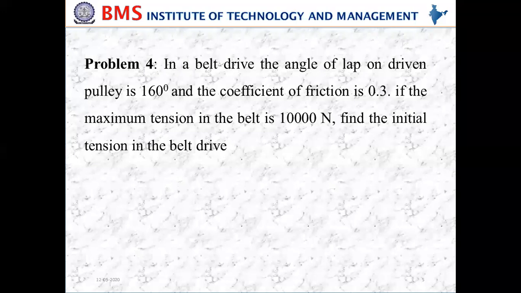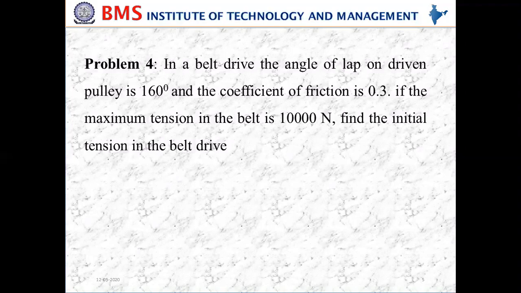Okay. So from that we can get T1 by T2 equal to e power mu theta. That is the ratio of driving tensions, T1 by T2, equal to e power mu theta, which is what we derived. From that equation, I can find out T2, because I know T1, mu, and theta.